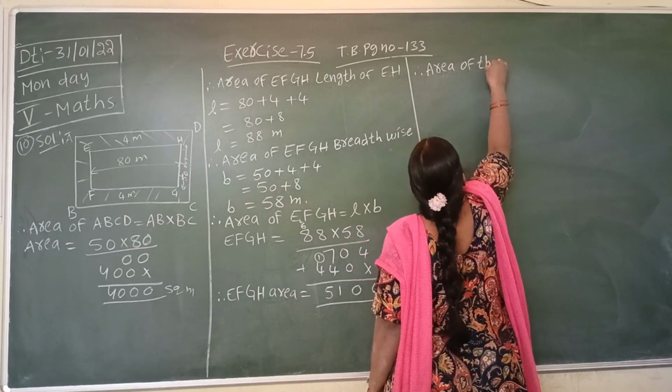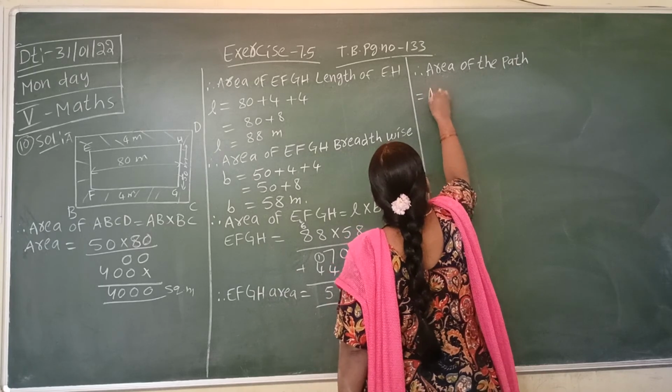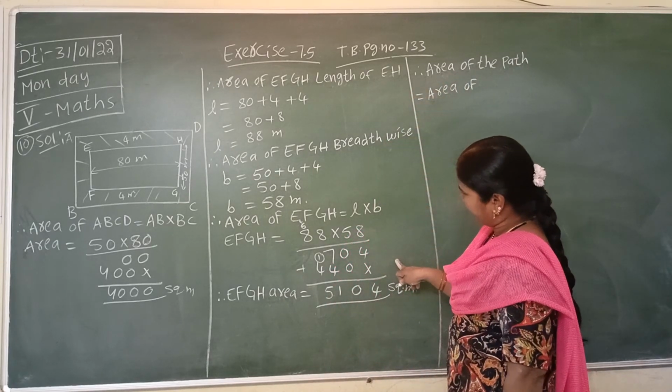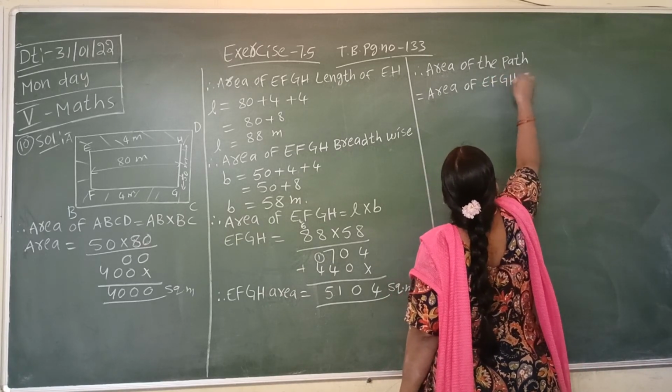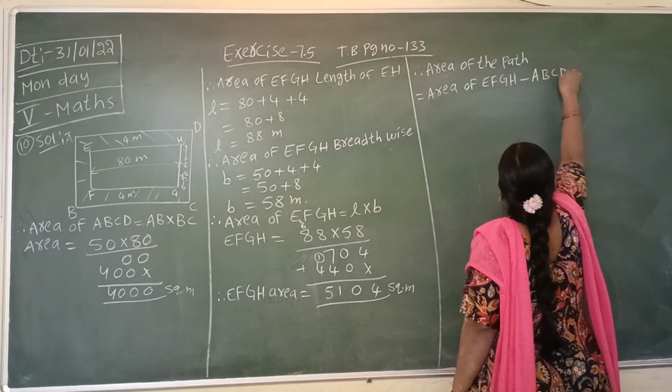Therefore, area of the path equals the bigger area, EFGH, minus ABCD.